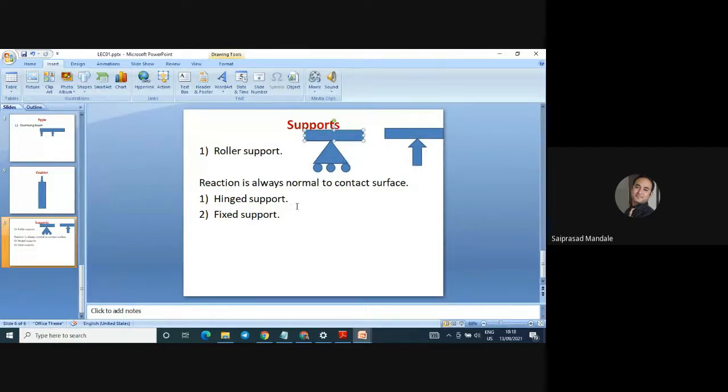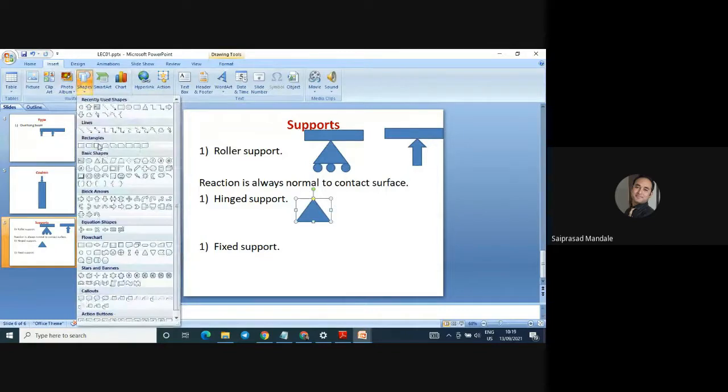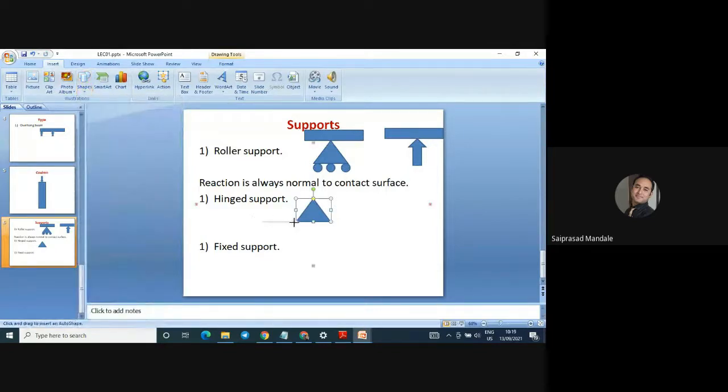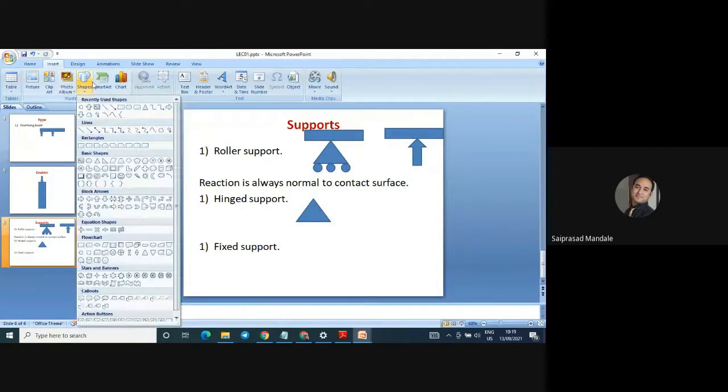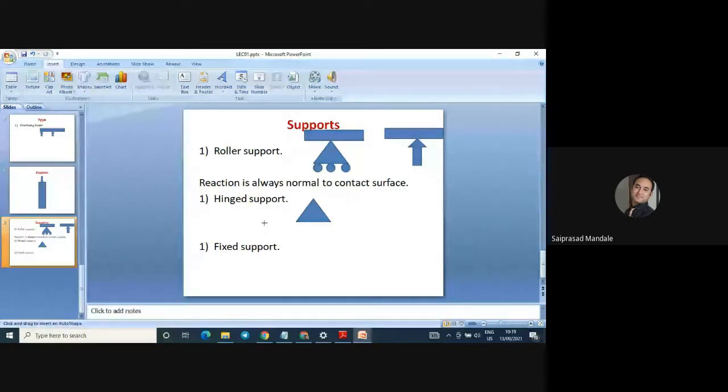Second, hinge support. The indication of the hinge support is like this. When there is a hinge support, the direction of application of reaction is in such a way.